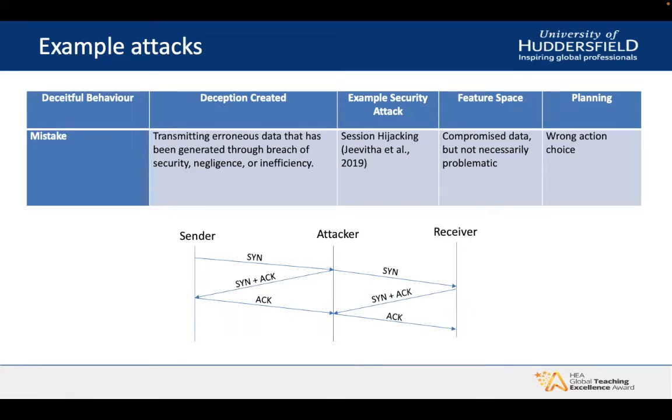A mistake. Mistakes can come through weaknesses in security protocols. I've got an example here around session hijacking. The protocols used for communication within distributed systems are open to things like session hijacking, where you have the sender and the receiver operating over their normal protocols about synchronization and acknowledgement.